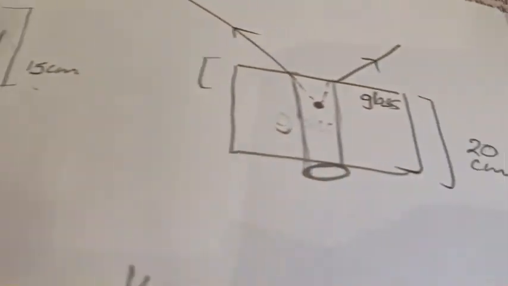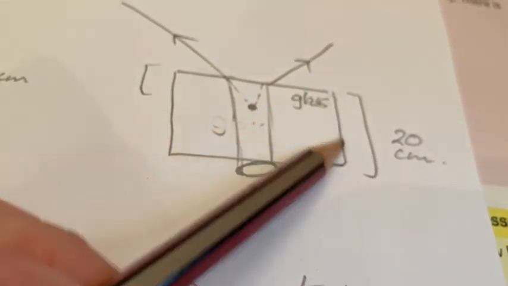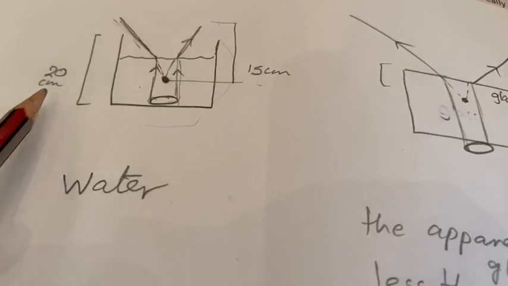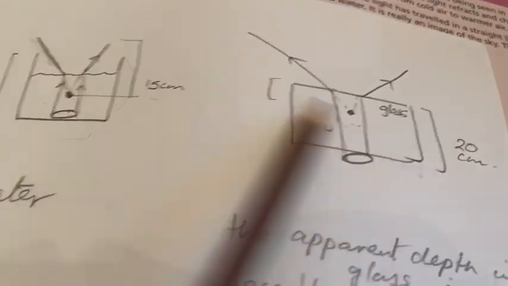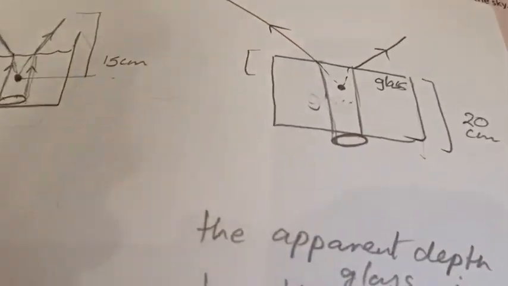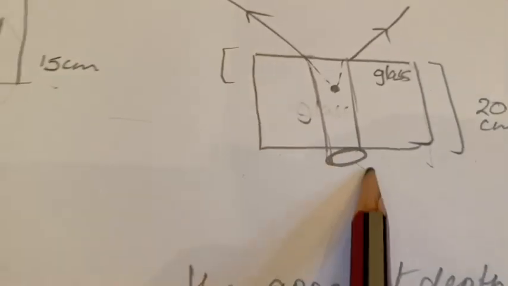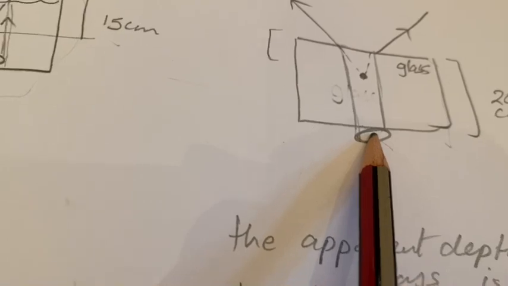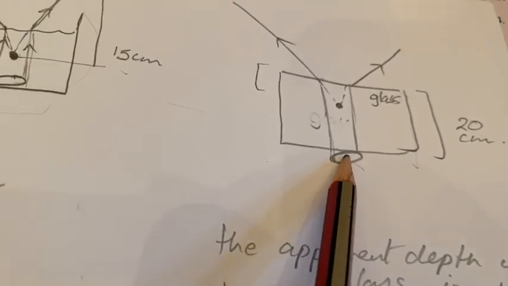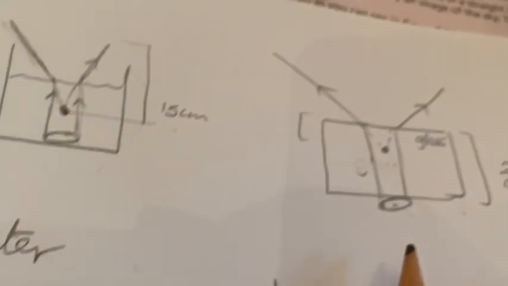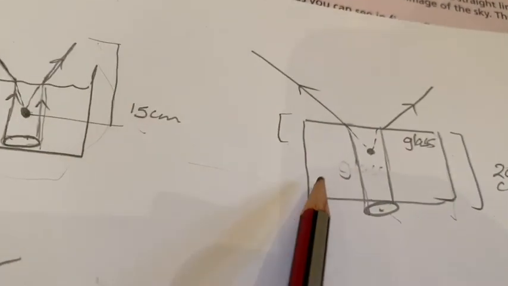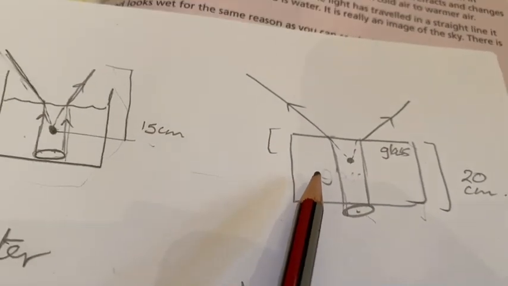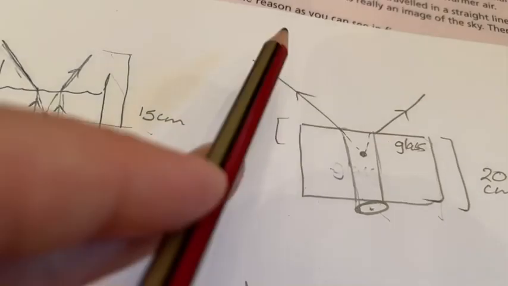Okay, go to the glass. They say that the thickness of the glass is 20 centimeters, exactly like the depth of the water. If you look at the glass, the coin is here. The real depth is 20 centimeters. They told us in the question that the light refracts more when it goes from glass to air.